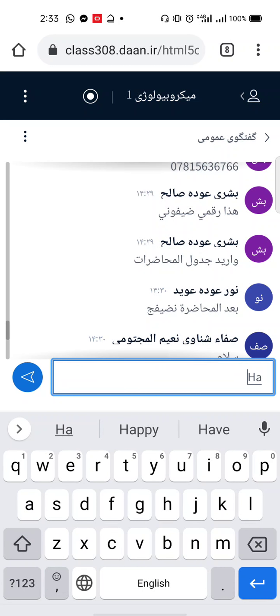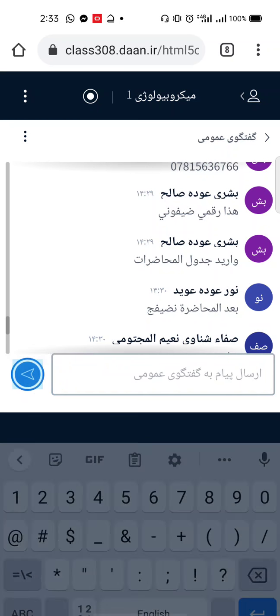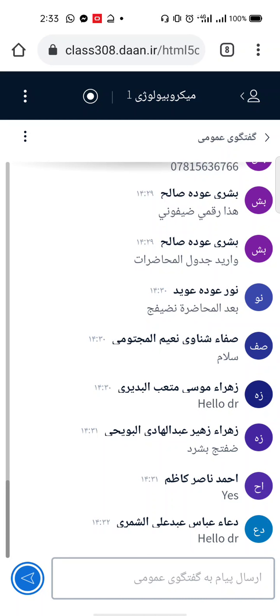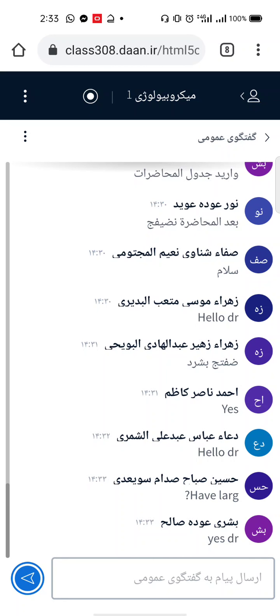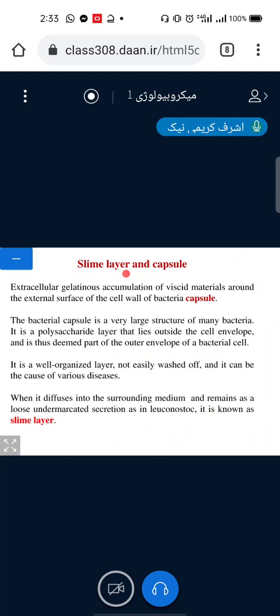Because of that, you see big, large, mucoid colonies of this bacteria. The large colony of Klebsiella is related to its capsule.